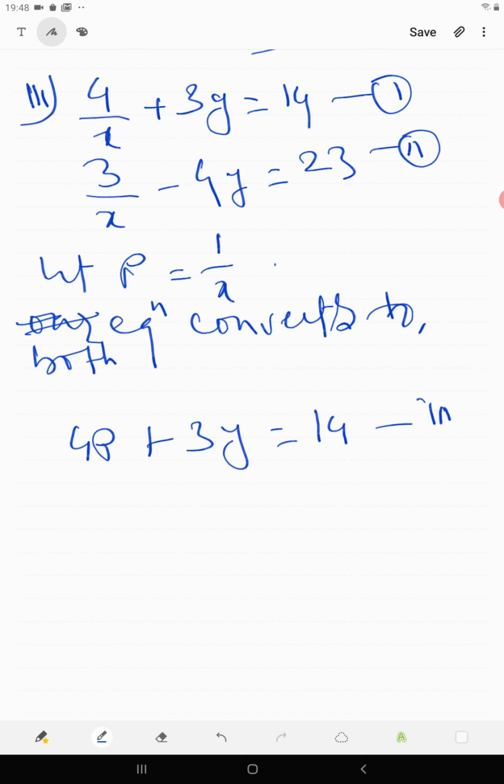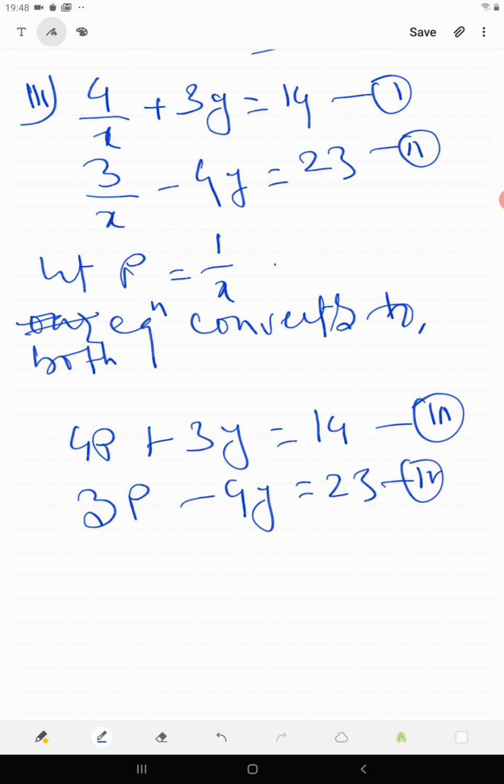This is equation 3. And 3p minus 4y equals 23. This is equation 4.